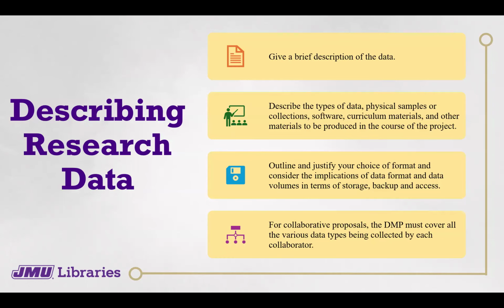So when you're thinking about describing your research data, you'll want to give a summary of the data you will collect or create, noting its content, coverage, and data type. So is it tabular data, survey data, experimental measures, maybe models and software, potentially audio-visual data, maybe it's physical samples. All of that you want to include in this section. You want to clearly note what formats your data will be in. And yes, this is going to be for each type of data. So is it plain text?